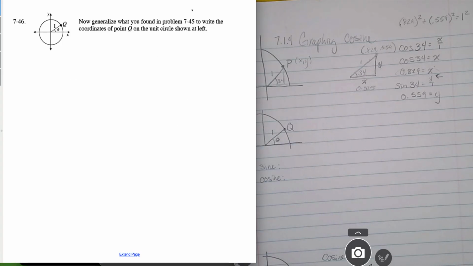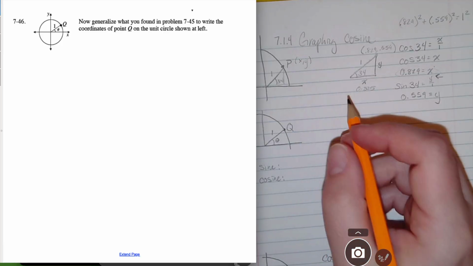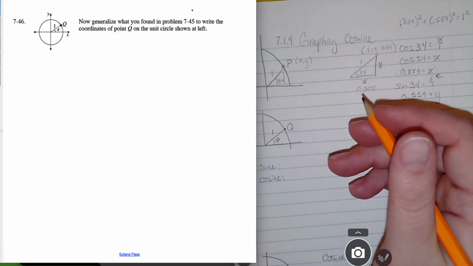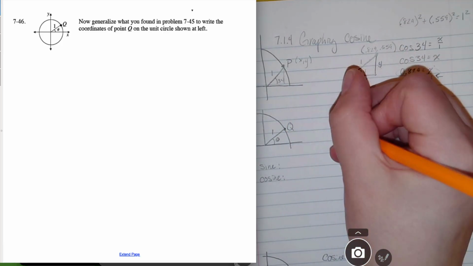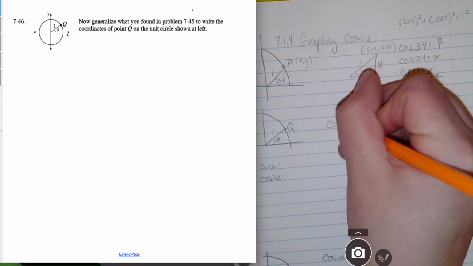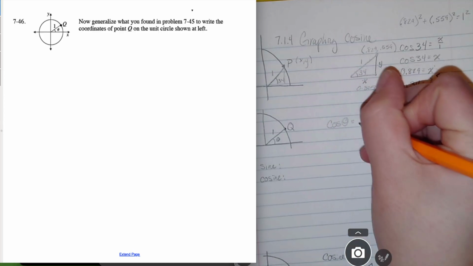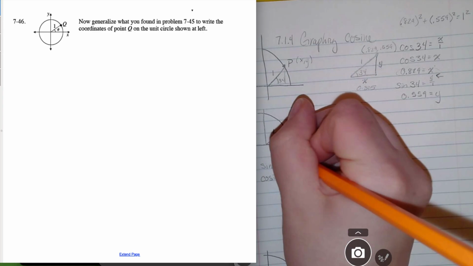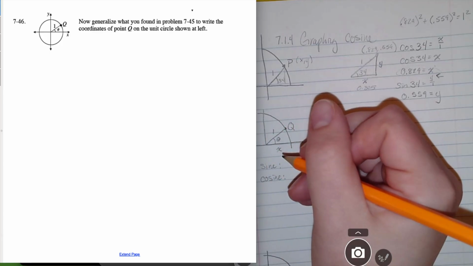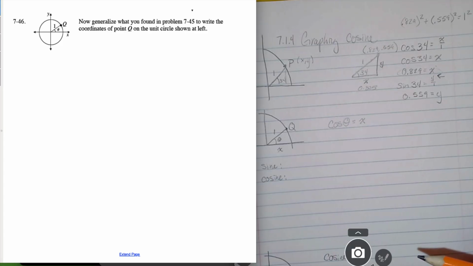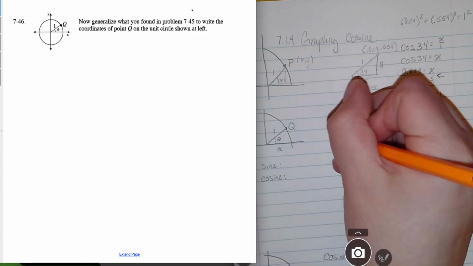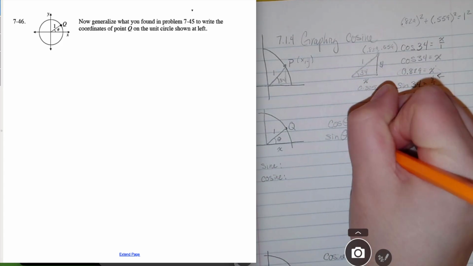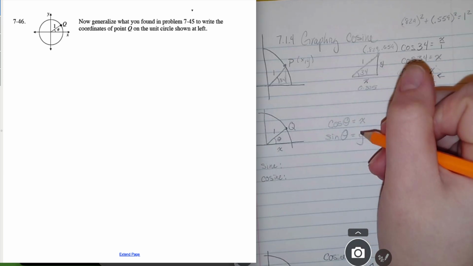For 76, they're asking us just to generalize what we're finding here, which is exactly what we just said. So the general idea is that cosine of theta will be the x value, or this part of your graph. Yes, you're right. It is the x part of the graph, right there. And the sine of theta is going to be the y part of your coordinate.